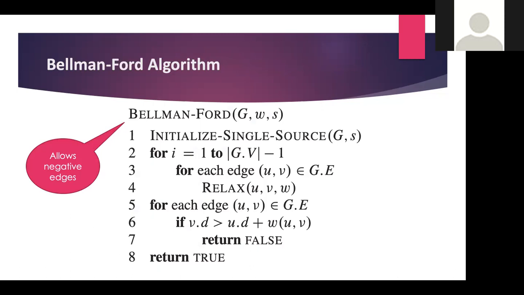So here is the general idea. If there exists a shortest path from A to B for any vertices A and B, and if there are no negative cycles, then that path will have at most n minus 1 edges. In the worst case, it'll have n minus 1 edges, because you cannot have any vertex repeated.